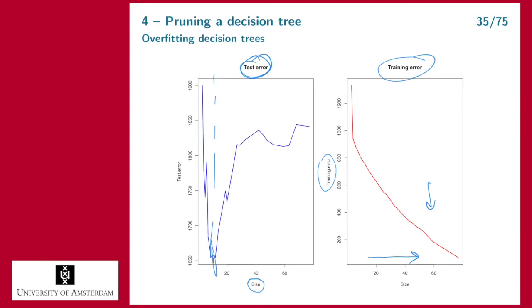If we have trees that are too small, you have a large training error and test error, because you do not fit the data very well. However, if your tree is too large, although you have a small training error, you still have a large test error because you are overfitting the data. So it means that we try to balance small and large trees. We want to have trees which are not too large but also not too small. And how you can do that in R, for example, that is what we will see in the next slides.